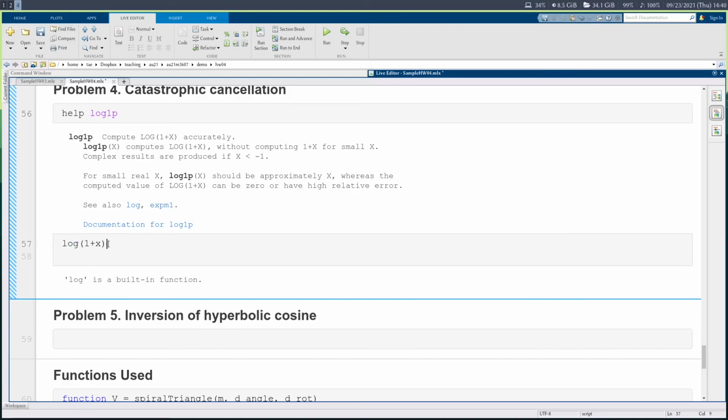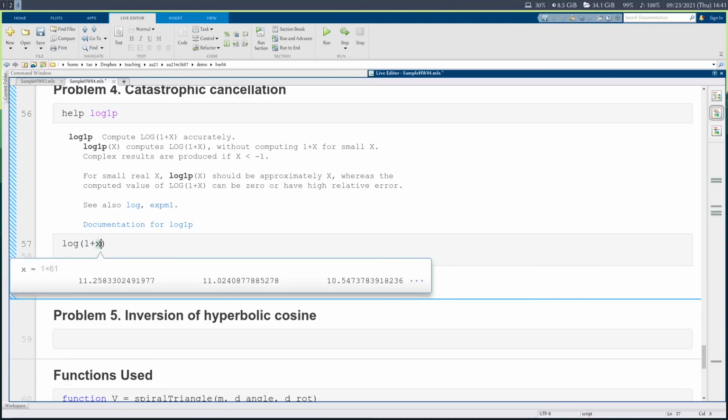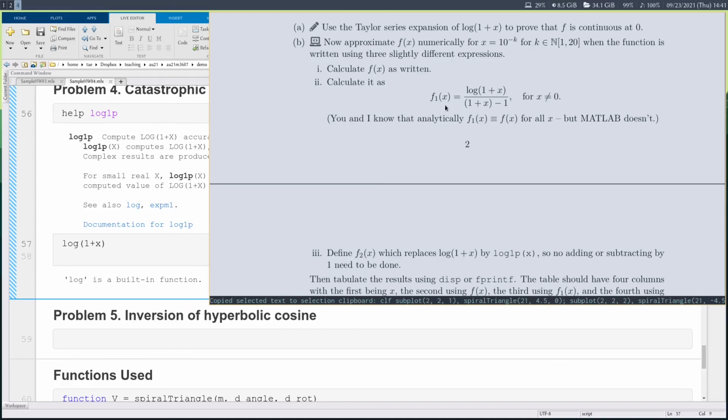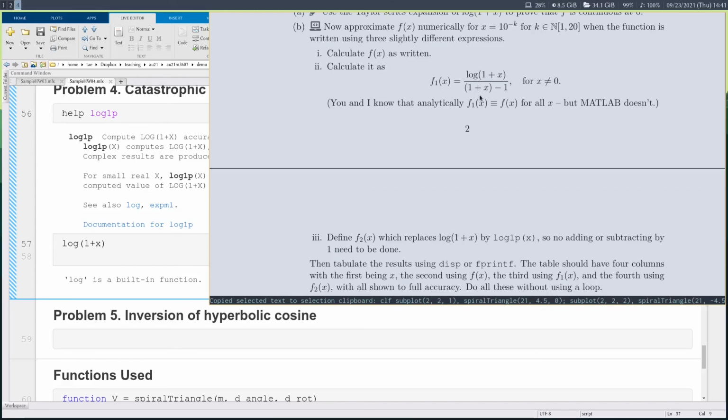And in that process, this number will get subtracted. MATLAB will subtract 1 from this number, and for x small, that subtraction causes so-called catastrophic cancellation, and that's why you are going to see a nonsense answer. So in order to avoid such nonsense, this is one way to bypass such catastrophic cancellation.